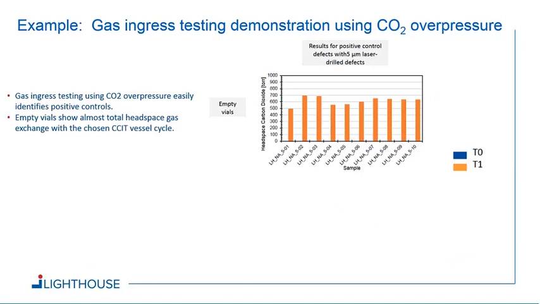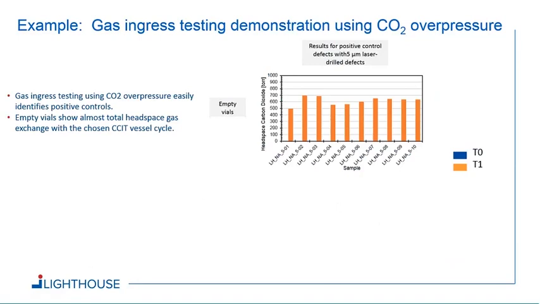So this graph shows how much CO2 was measured in each of the positive control samples. I should also say that we had negative controls as part of the study. I'm not plotting them here, but they showed 0 CO2, both initially and after the overpressure cycle. So you see T0 plotted in blue, and you can't really see them because they're 0.